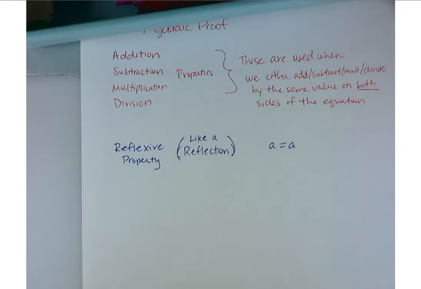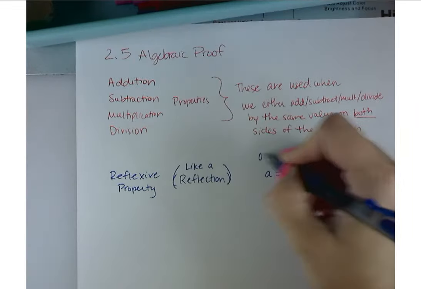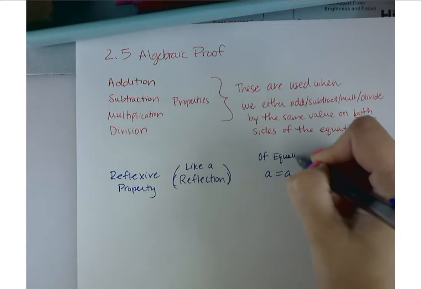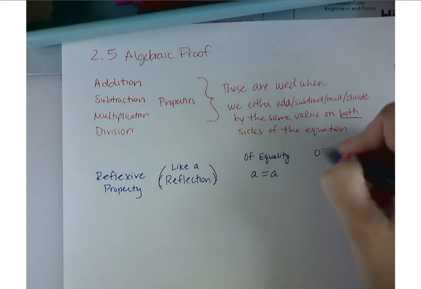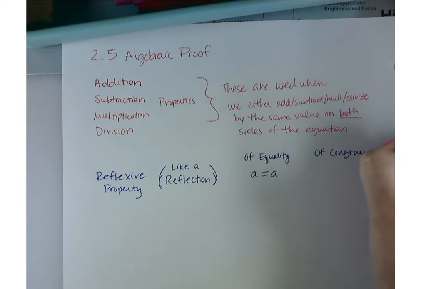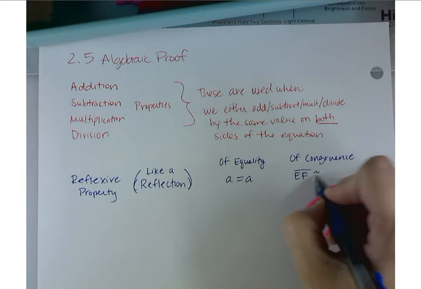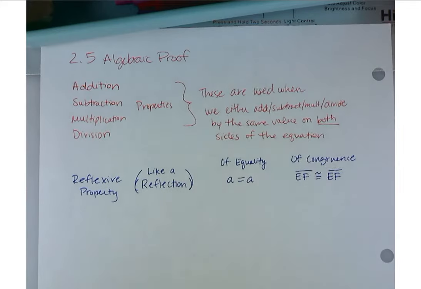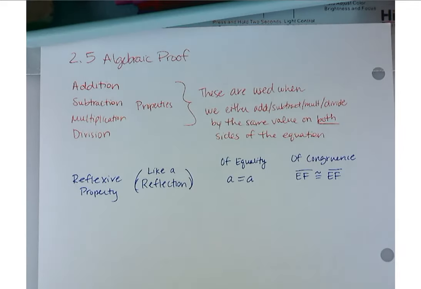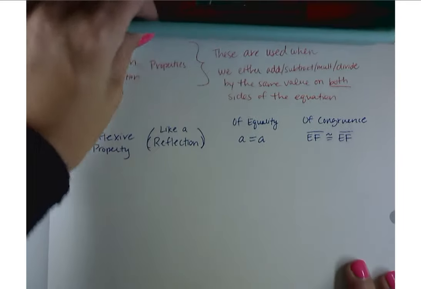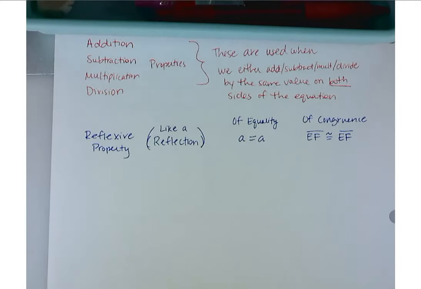So there's the reflexive property of equality, when 2 things are equal, and then of congruence when 2 things are congruent. So a lot of times you'll have like a segment is congruent to itself. You will have the exact same thing on both sides. And when you are using the reflexive property, whether it's of equality or congruence, you can just write reflexive property. You don't have to write of congruence or of equality when we're writing those down.